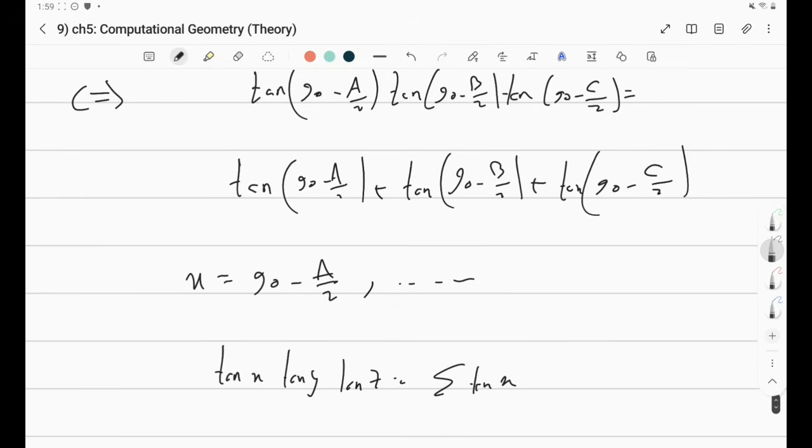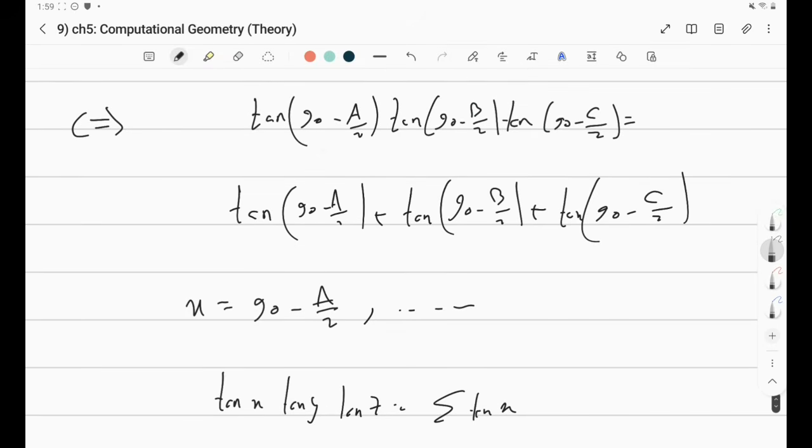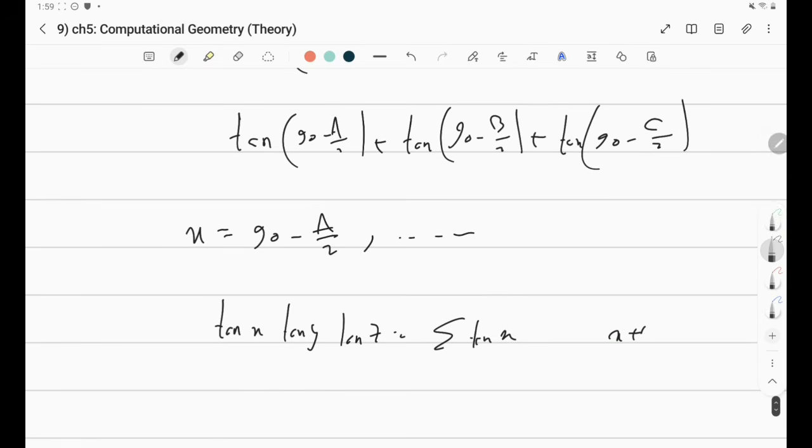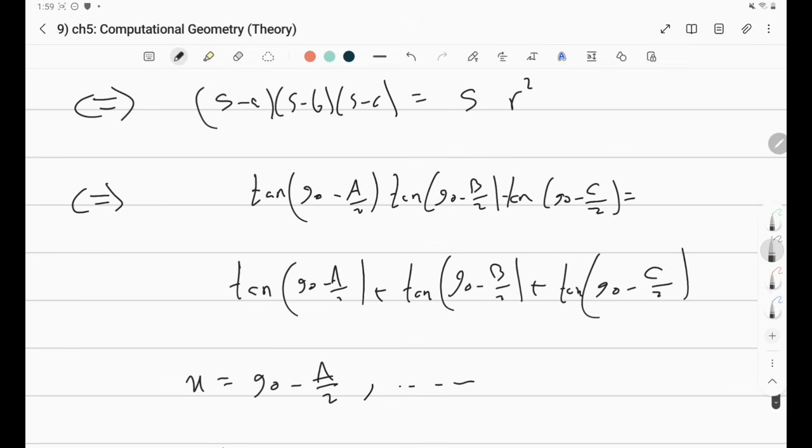It's true when x plus y plus z is, let's see, 90 plus 90 plus 90 minus A over 2 plus B over 2 plus C over 2. That's also 90. So it's when x plus y plus z is 180 that this is true. Keep it in mind. So we can just use this trig identity and we're done. So yeah, this is true.